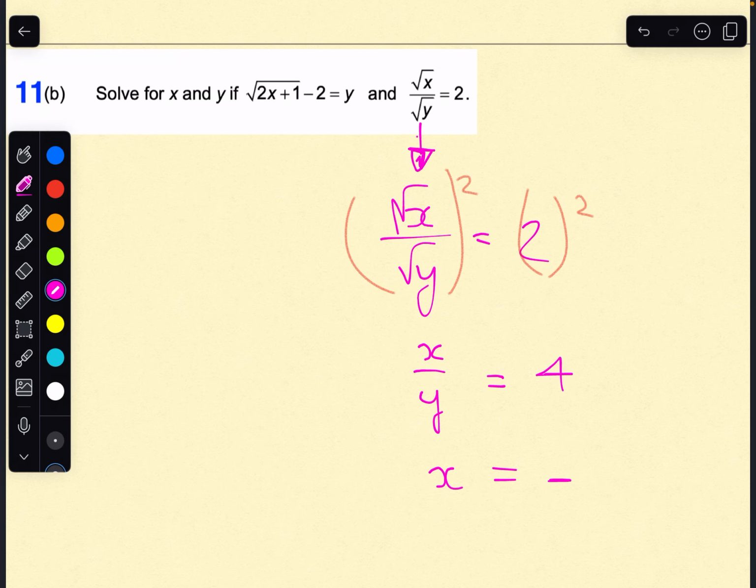Anyway, I can rearrange this so that x is equal to 4y, and that's equation number 1. And then I can sub it into this guy.